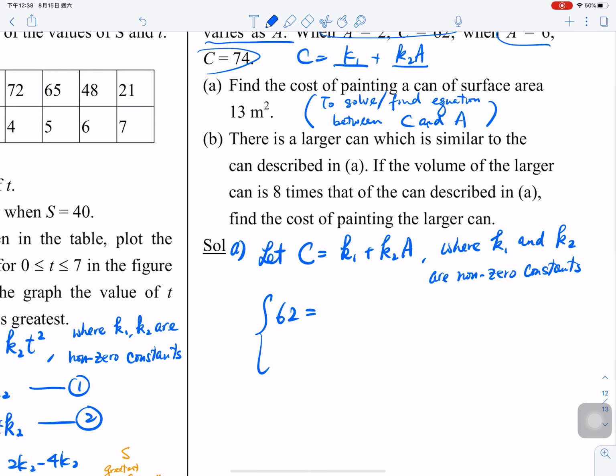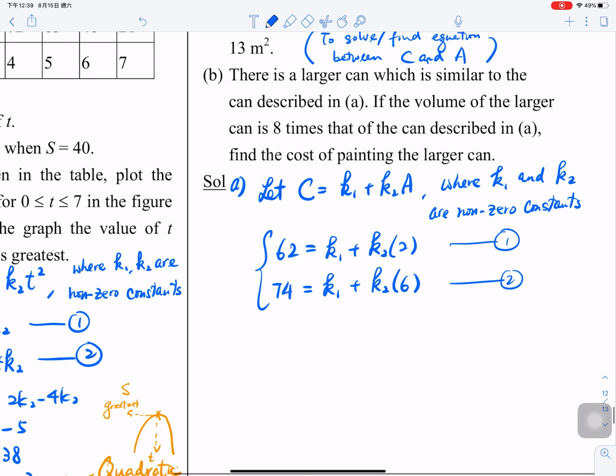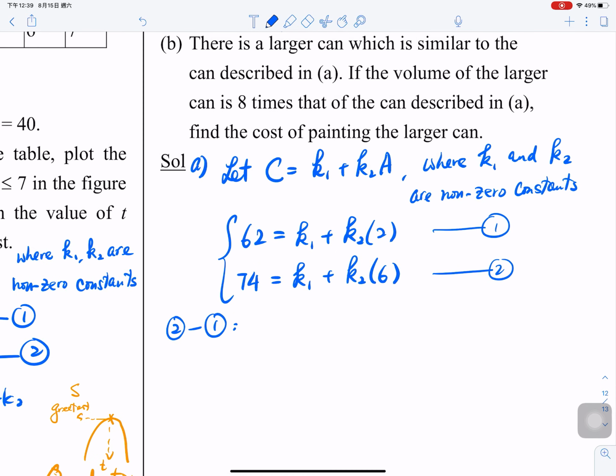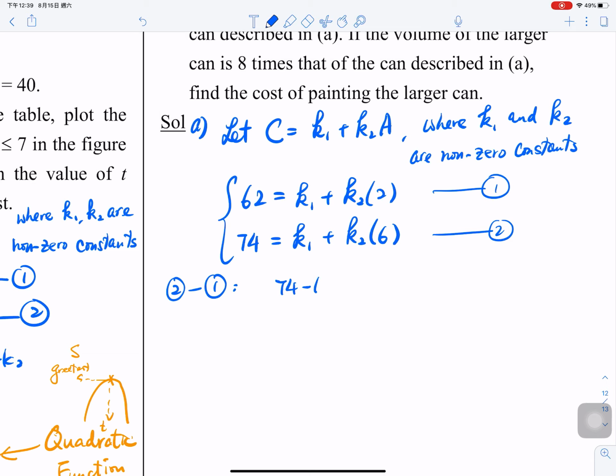So 62 equals K1 plus K2 times 2. 74 equals K1 plus K2 times 6. So I take the second equation minus the first equation, then you can eliminate K1. That means 74 minus 62 equals 6K2 minus 2K2. So what is K2? Yeah, 3.